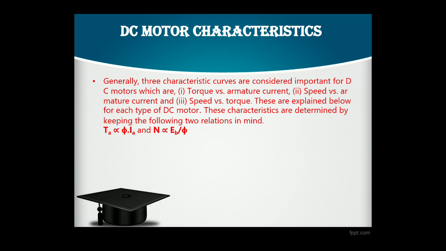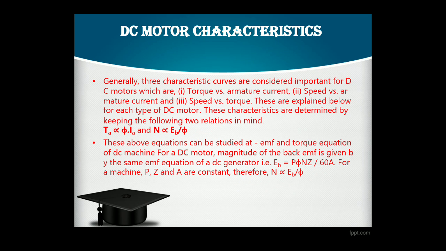N is the speed of DC motor in RPM. EB is the back EMF, which equals V minus Ia into Ra, and phi is the magnetic flux. These equations can be studied in the EMF and torque equation of DC machines for a DC motor.